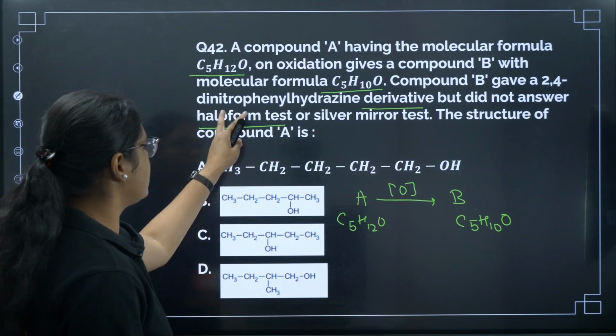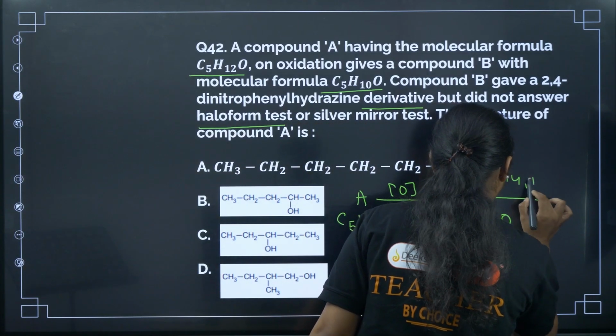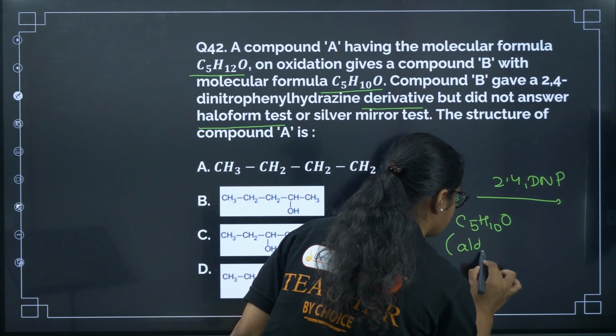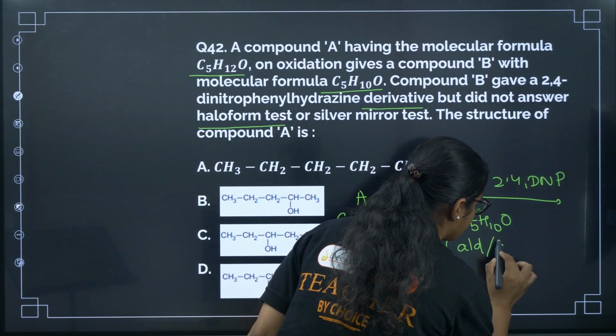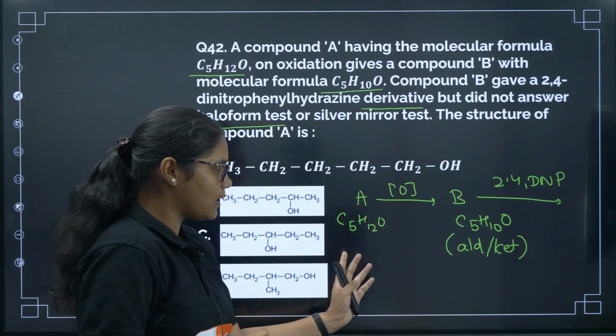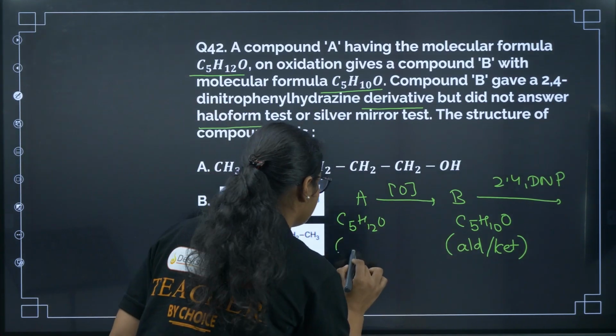B gave a 2,4-dinitrophenyl derivative. So B reacted with 2,4-DNP. What does that tell? It is a carbonyl compound, meaning it can be either an aldehyde or a ketone. Now if on oxidation of compound A we are getting B, which is an aldehyde or ketone, that suggests that A must be an alcohol.